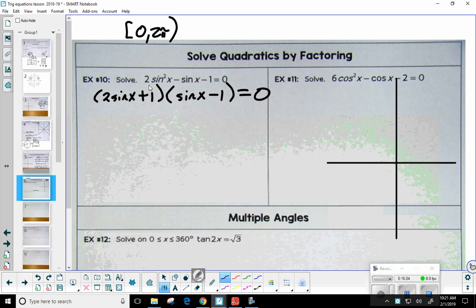Anyways, okay. Let's go ahead and do the same thing to the other one. Let's factor it, practice it, and then we'll come back and solve these. Take about a minute. Again, if you like that method, go ahead and use it. If you have your own method, whatever you prefer. But I need to take 6 cosine squared of x minus cosine of x minus 2, and I want to break it apart.